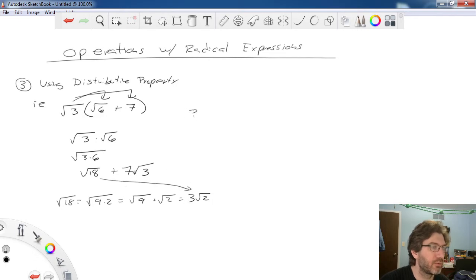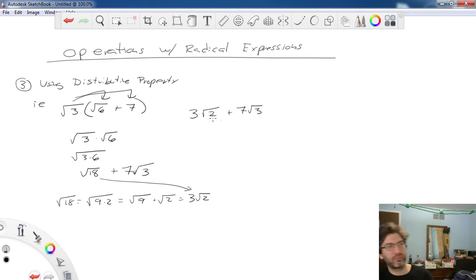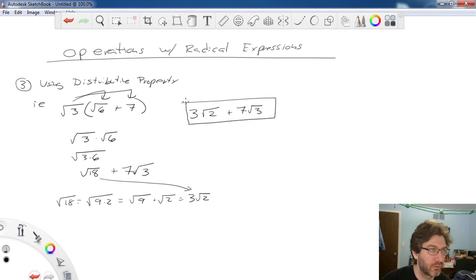So we're now left with 3 square roots of 2 plus 7 square roots of 3. They are not like terms or like radicals. You cannot combine them. They're both simplified. So this here is as simple as you can get, and this would be your answer. Again, you just distributed and then simplified the radical where we could.